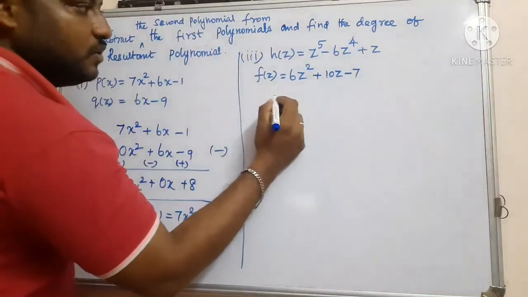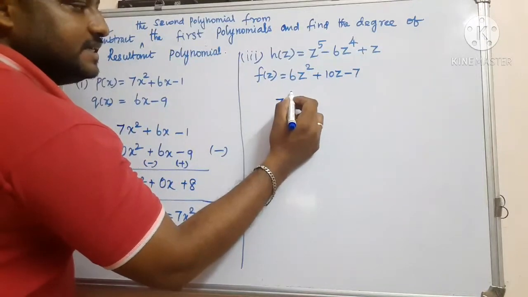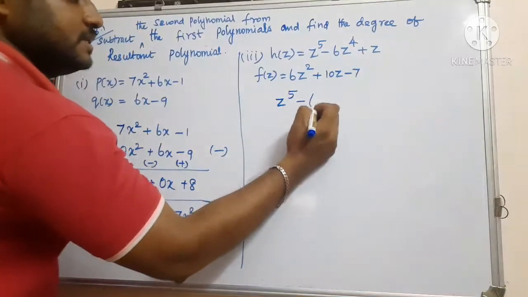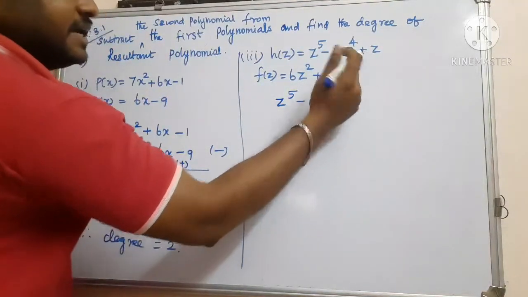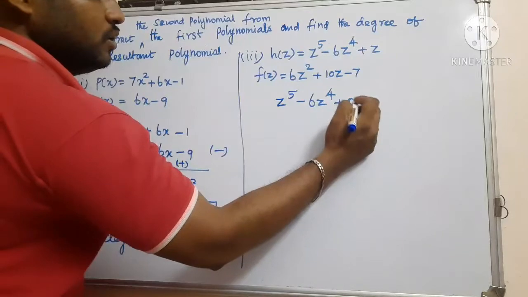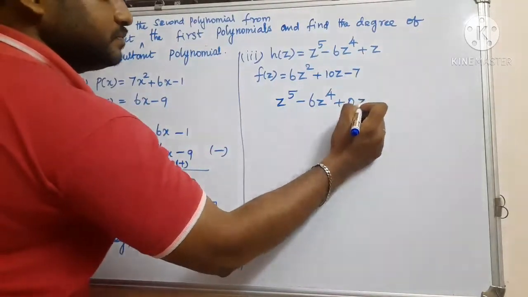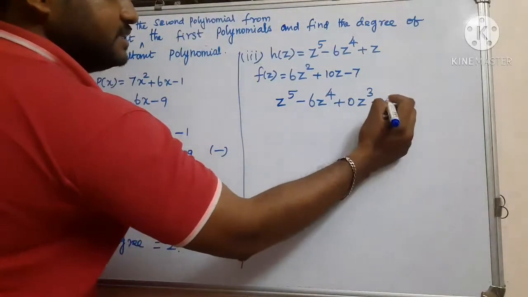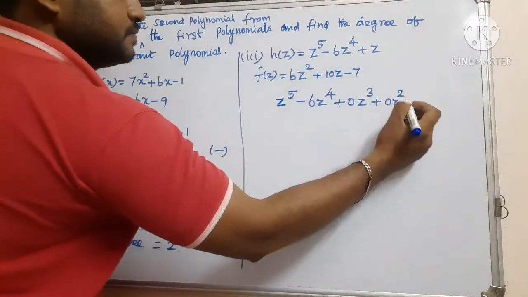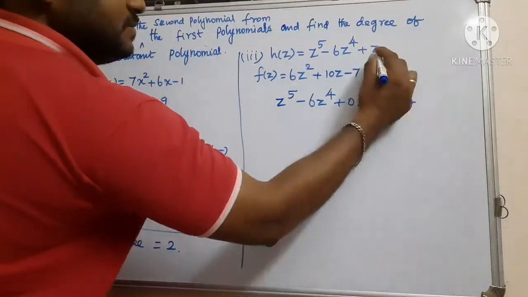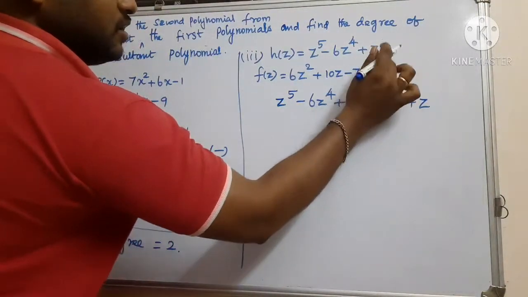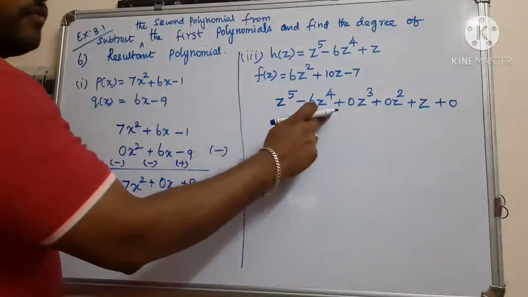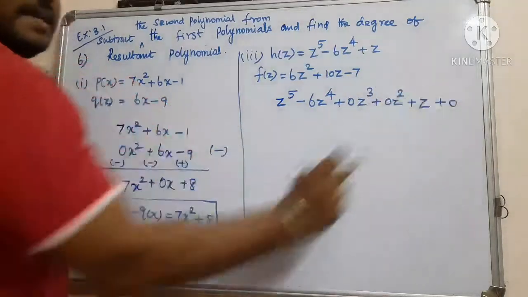So first of all you have to write h of x, the first polynomial: z power 5 minus 6z power 4, and z cube is not here, so you have to write 0 z cube, and then z square is also not here, so you have to write 0 z square, and then plus z term is there. So plus z, and then the constant term is not here, so you have to write plus 0. Okay, 5, 4, 3, 2, 1, and then constant term 0.